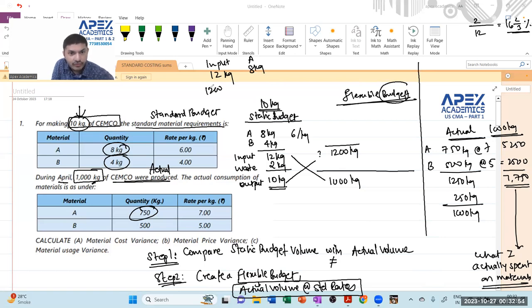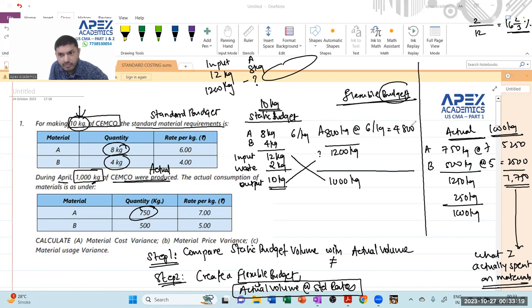So in an input of 1200 kg, how many kg of A will I have? Your answer will be 1200 divided by 12 multiplied by 8. It will be 800 kg of A required at the rate of 6 per kg, thereby making it 4800 of material cost for A.